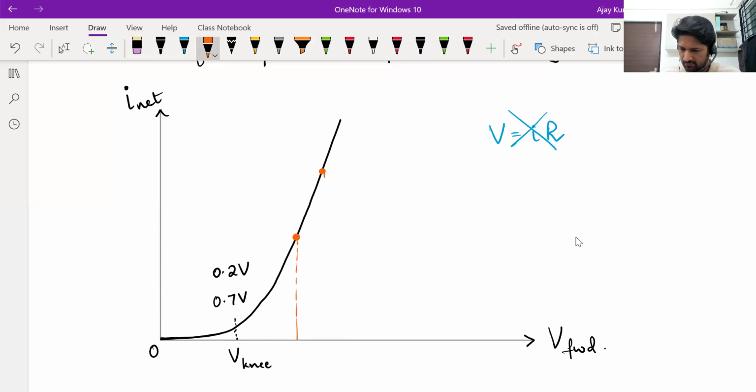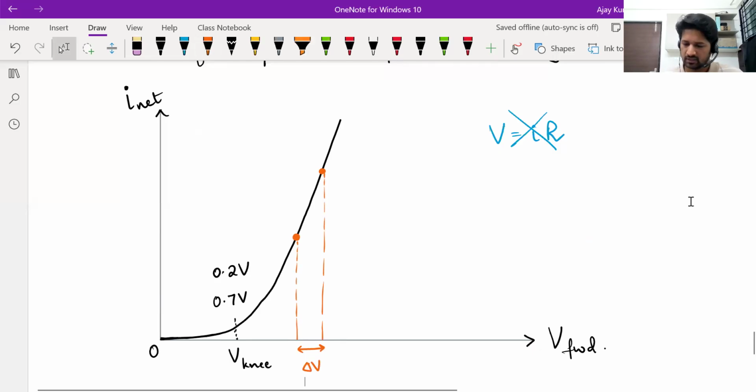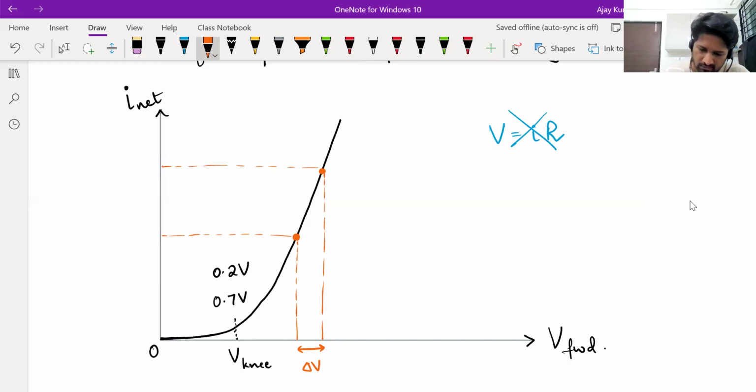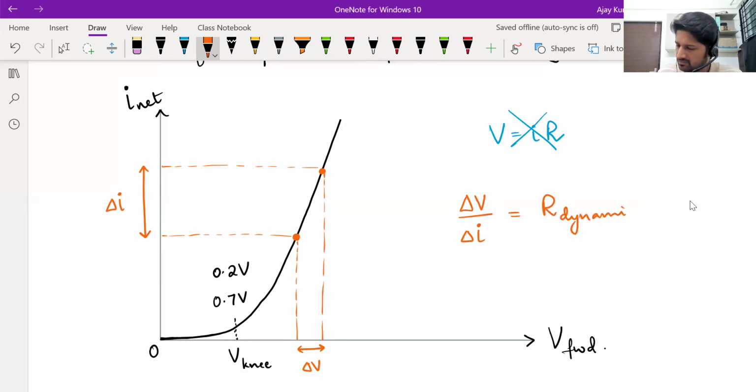Between these 2 points, there will be a small change in potential, delta V, a small increase in voltage. When you increase the voltage, you can see that the current through the junction is increasing. So an increase in voltage results in an increase in current, delta I. This ratio, delta V divided by delta I, is what you call the dynamic resistance of a PN junction in forward bias.